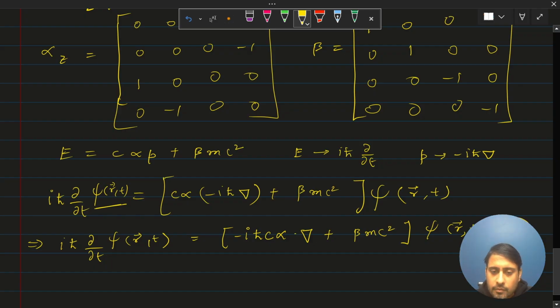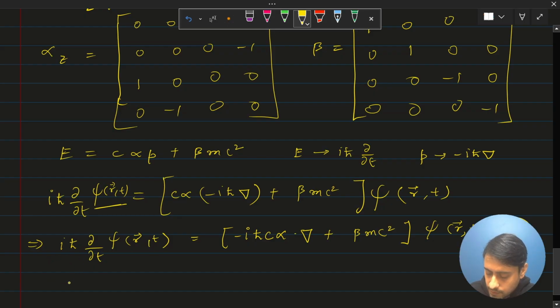Okay, now what we will do, we will multiply equation 1 by the conjugate of psi, which is psi dagger. From the left hand side we will always multiply the dagger terms. So let's multiply by psi dagger.